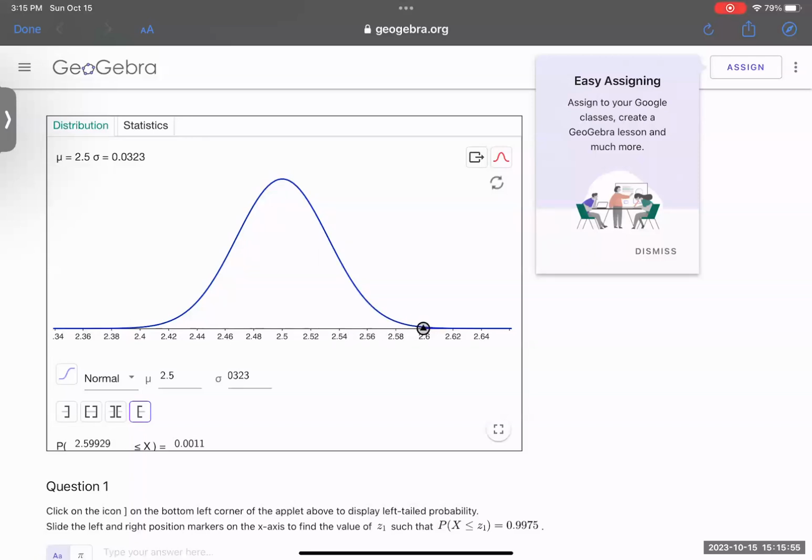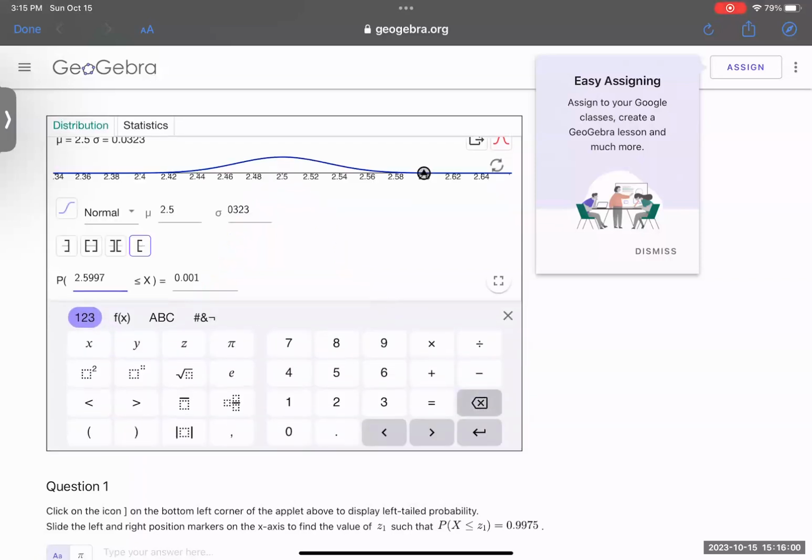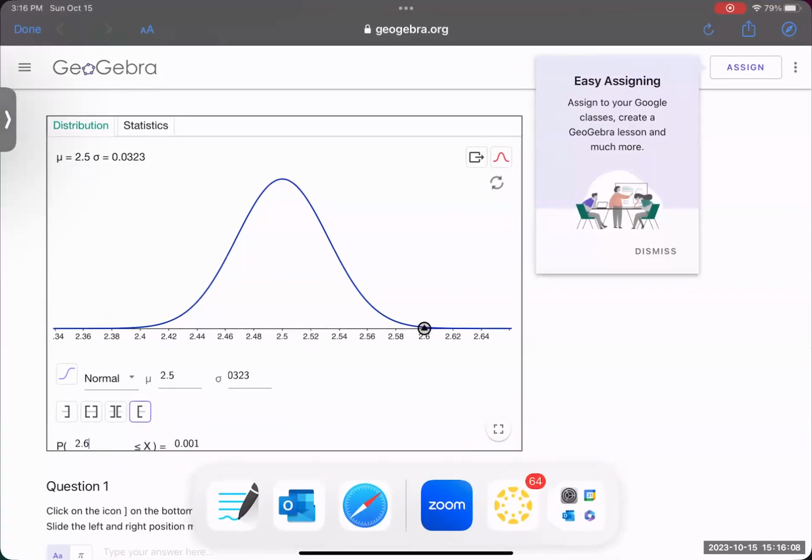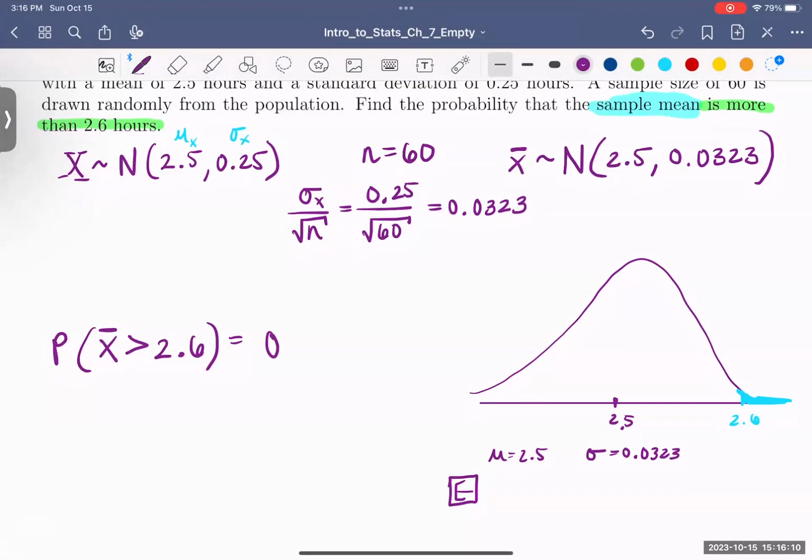I can't get 2.6 exactly, so I'm going to type it in again. 2.6, greater than, the probability is 0.001. Very, very small chance. There's still a chance.